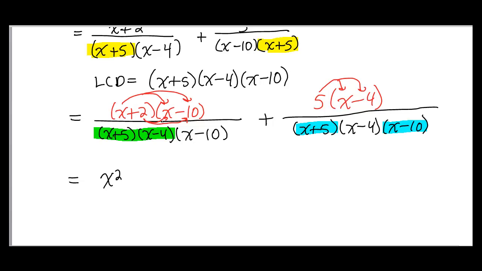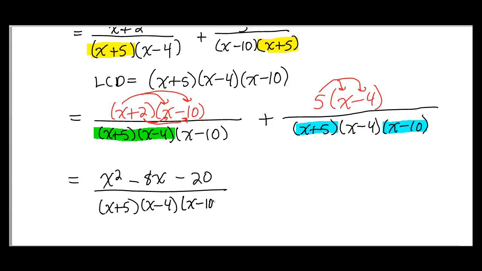So if I combine a negative 10x with a positive 2x, I get a negative 8x. 2 times negative 10 is negative 20 over x plus 5 times x minus 4 times x minus 10. And on the right-hand side, or the second rational expression, I get 5x minus 20.